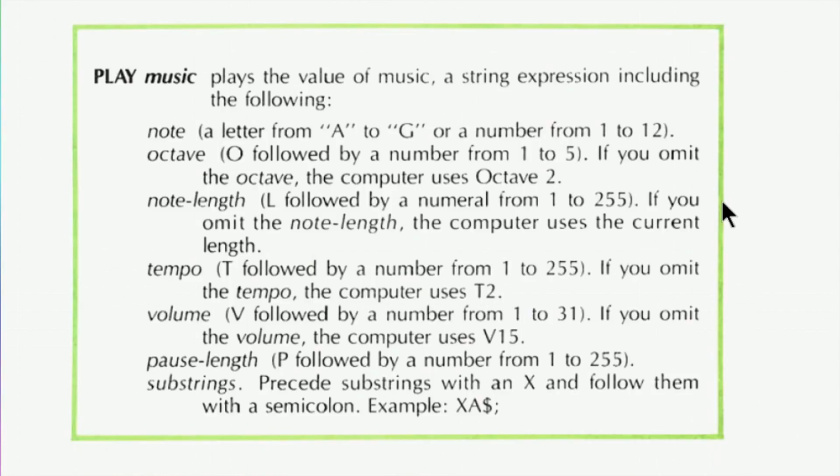And here is kind of the breakdown to the play command. It's play followed by music. What makes up music? Well, you can specify notes, and you can specify notes by the letters of the alphabet. So if you know the notes, like A, B, C, D, E, F, G, you can specify those notes, but you can also specify numbers.